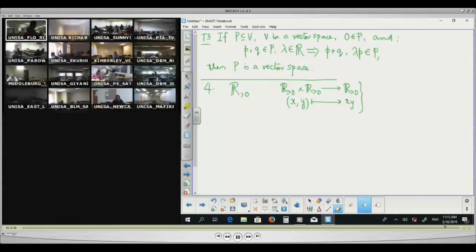Now I have to define, all the first 4 are done, that goes away. I have to define the scalar multiplication.